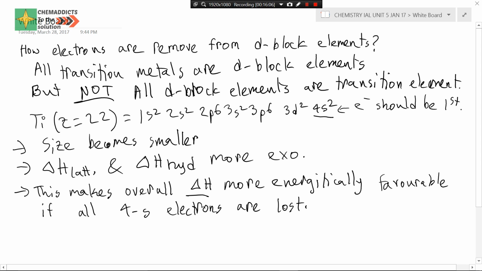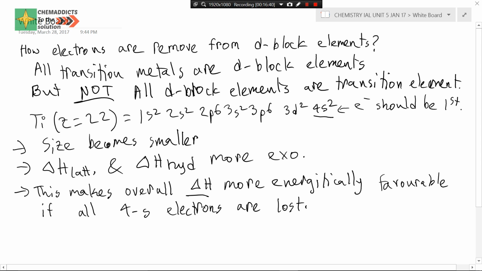So all the 4s electrons are removed first, and then we will remove the 3d electrons. All the electrons should be removed from the 4s subshell first.